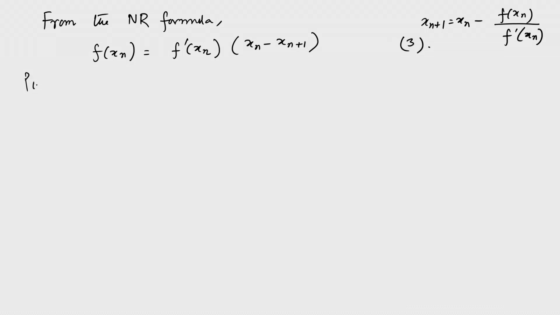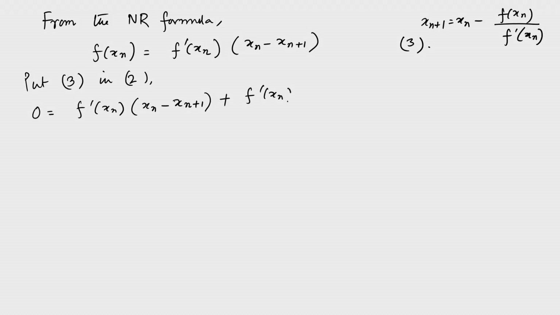So, put 3 into 2, and we have 0 equal to f prime of x n times x n minus x n plus 1, and a plus f prime of x n, that is coming from the second term here, times x n plus 1 minus x n.